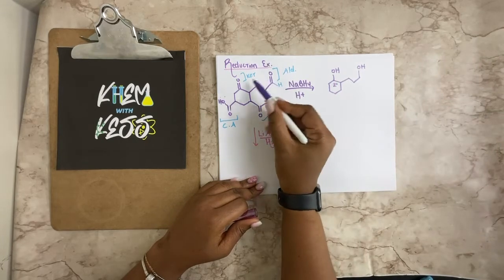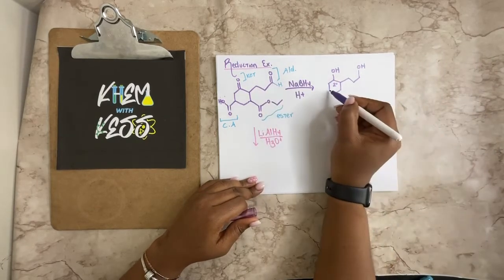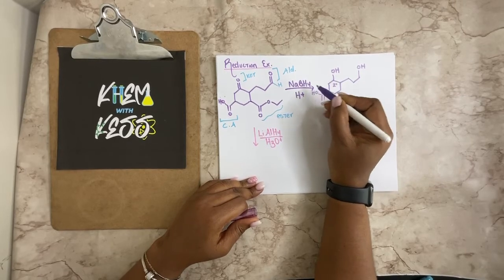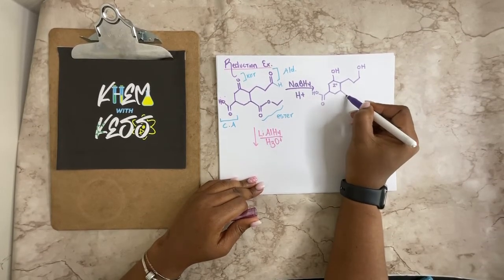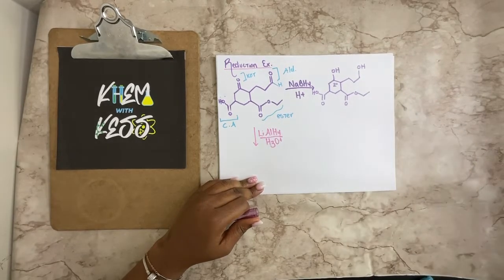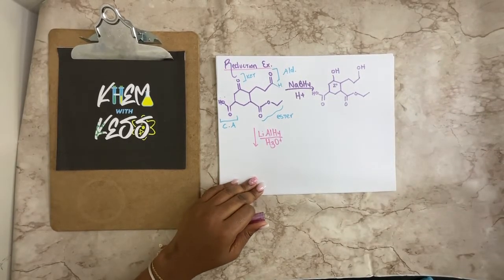All I did was lose the double bond and make it an OH. Now for the rest of the groups, they stay in their format because the NaBH4 is not strong enough to actually break the carboxylic acid and ester.